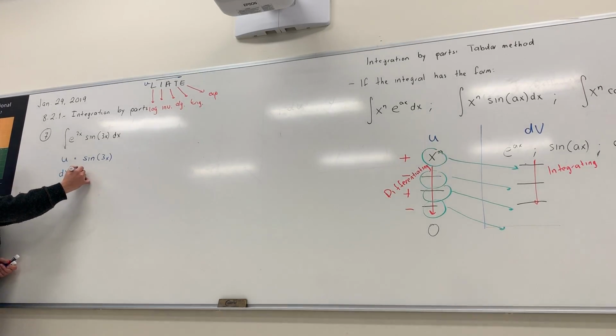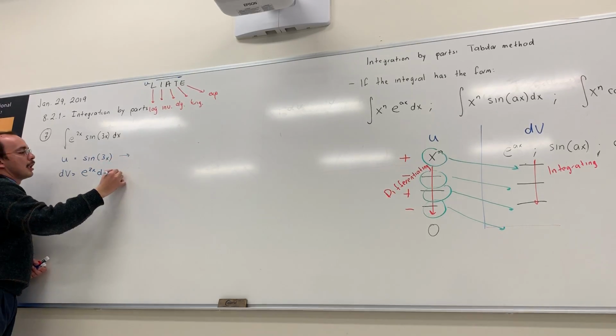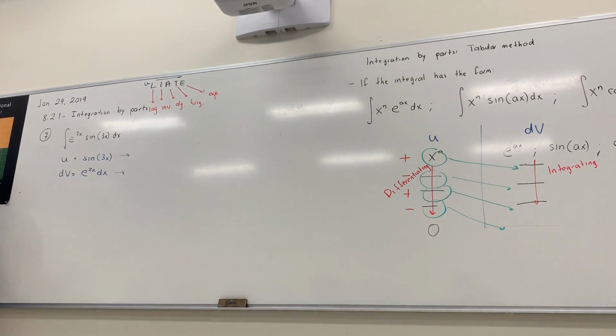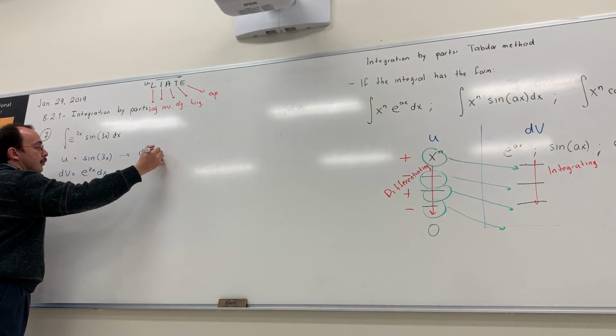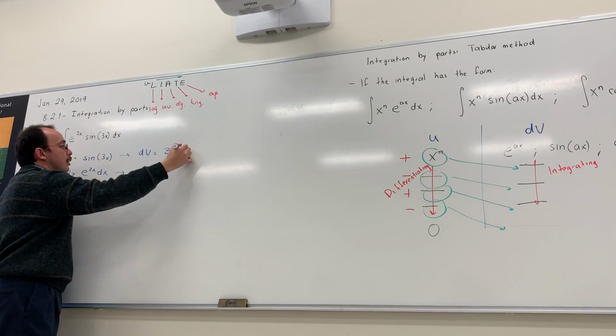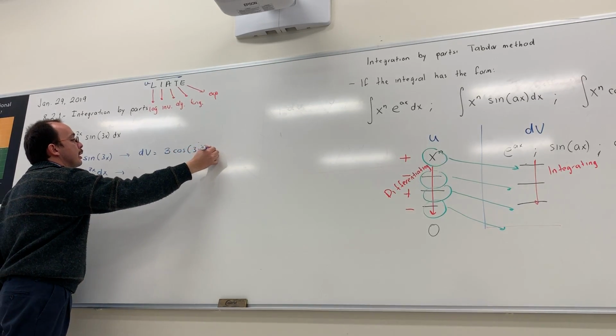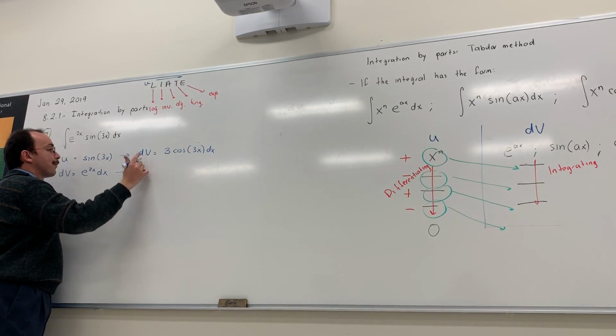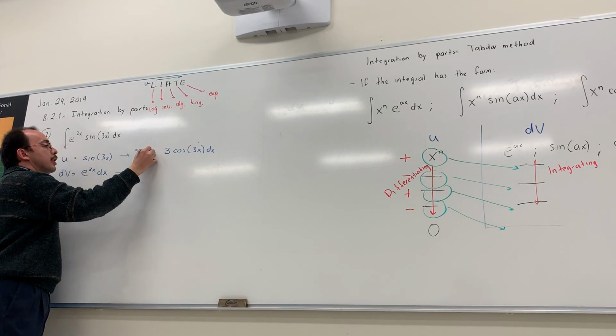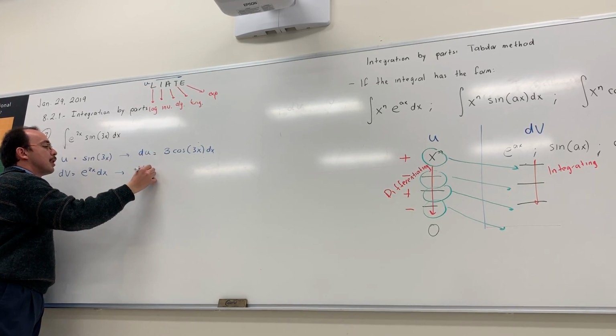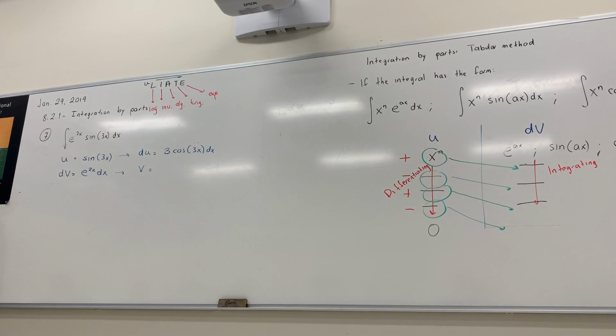So dv is going to be e to the 2x dx. The derivative du is 3 cosine of 3x dx.